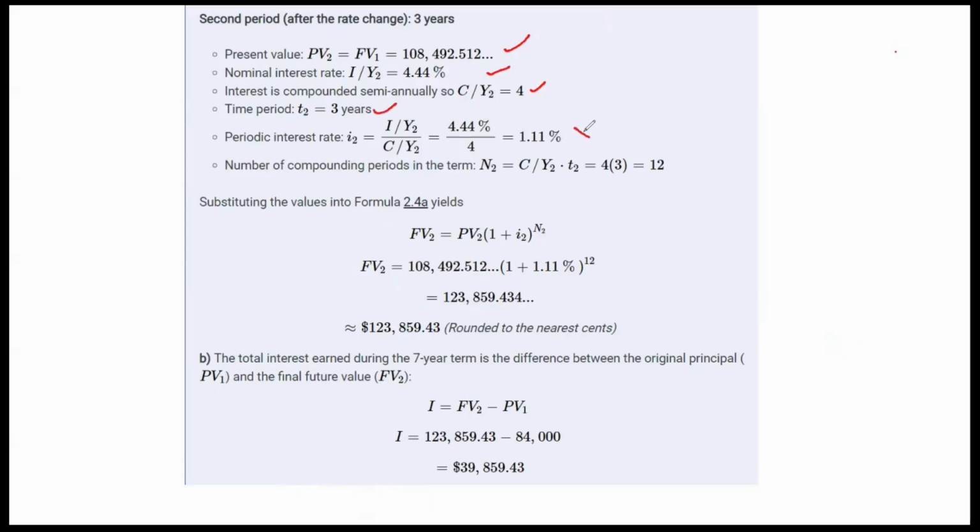So you find the periodic interest, the number of compounding periods, and you put it in the formula, and you get this value, right? So the amount that will accumulate after how many years is that? 7 now? 7 years is going to be this. You started off with this, you end up with this. So total interest over 7 years is that, right?